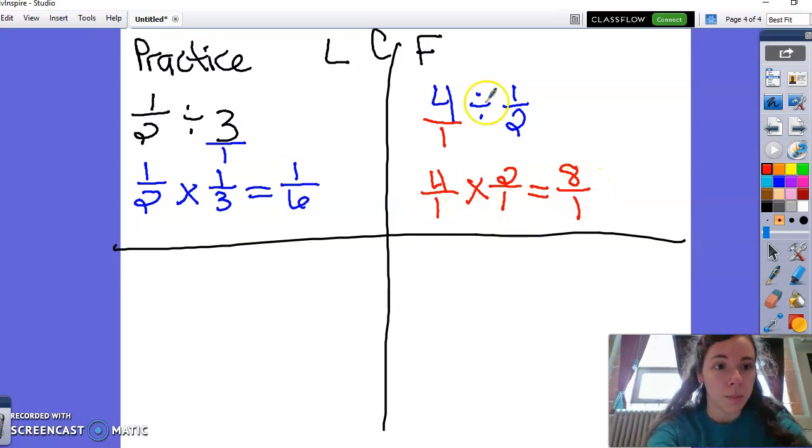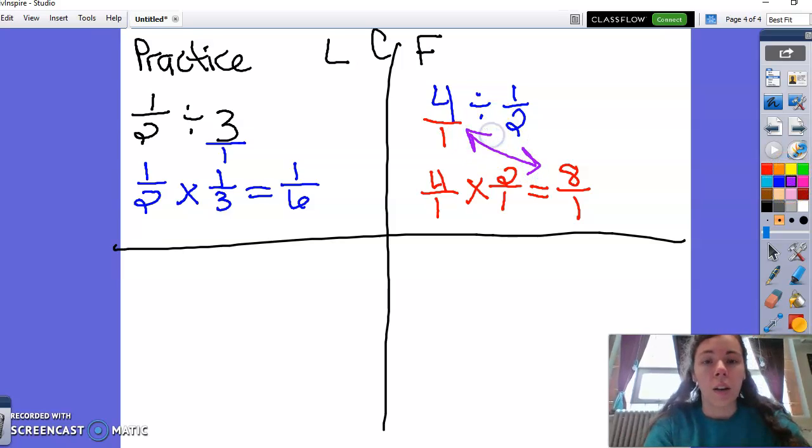And now look at here. Check this out. I started with a whole number, and then we put it over 1 so that we could multiply. Now I've got a number over 1 again. What do you suppose we could do with this number to simplify it? Because right now we have an improper fraction where we have a big number on top and a little number on bottom. What do we do to fix that?